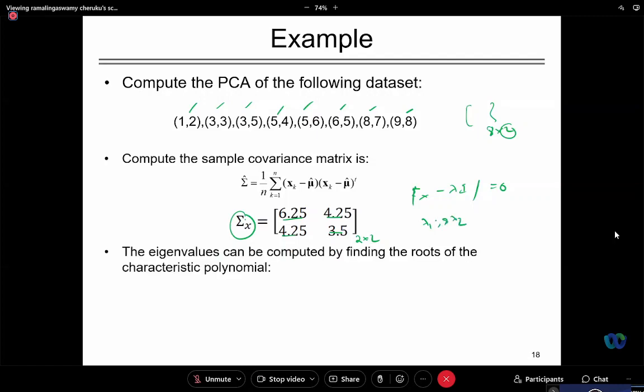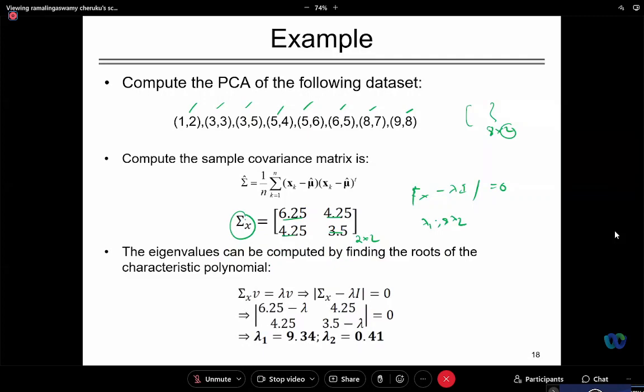What is the lambda 1 value? After solving the characteristic equation of this covariance matrix, you will get lambda 1 as 9.34 and lambda 2 as 0.41, and so we have to sort them, so lambda 1 is greater than lambda 2. Every lambda value will have a corresponding eigenvector.